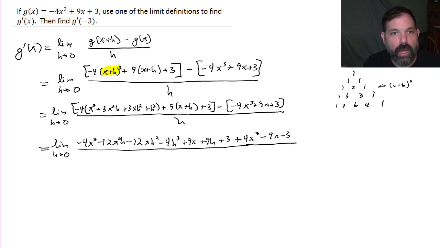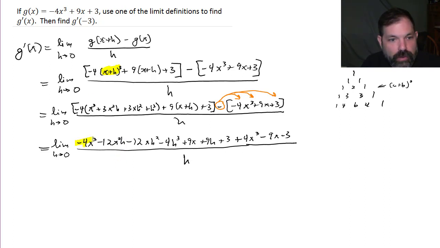The most common errors that we see with this is when we're distributing this minus sign through the second grouping. Remember that that's going to apply to all of the terms. And most often students make errors after the first term. Let's look at our terms here, and don't forget to divide by h.